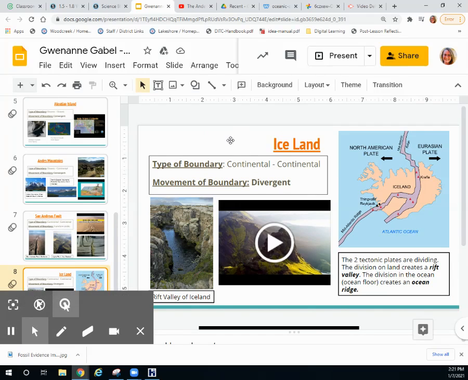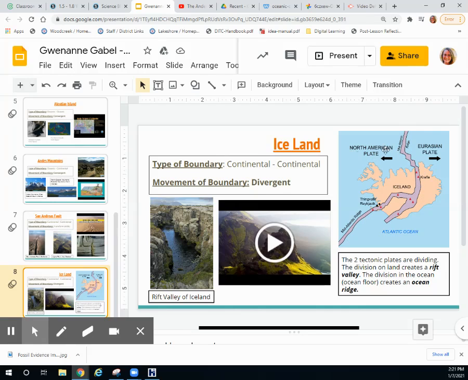Lastly, we have Iceland. And I highly encourage you guys to explore Iceland some more. It's a really interesting island. It's actually the largest volcanic island, and it's over 20 million years old. And it sits on a divergent boundary.